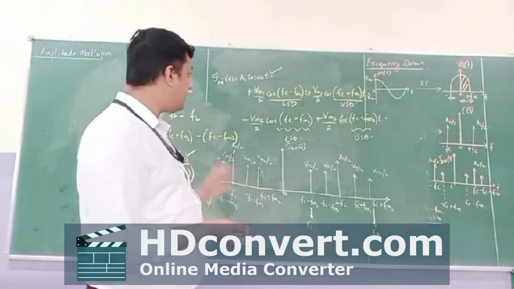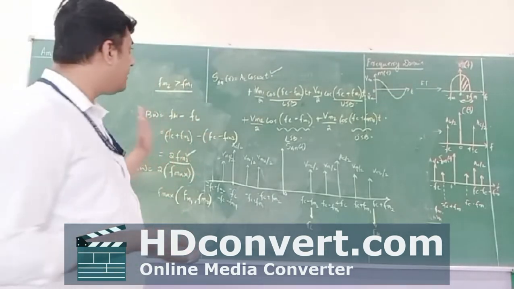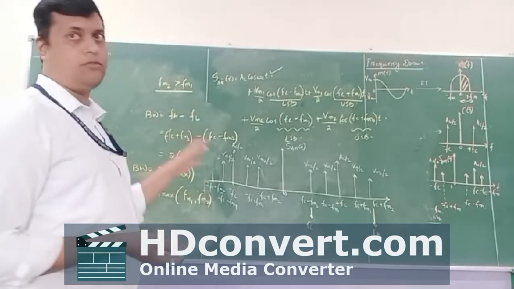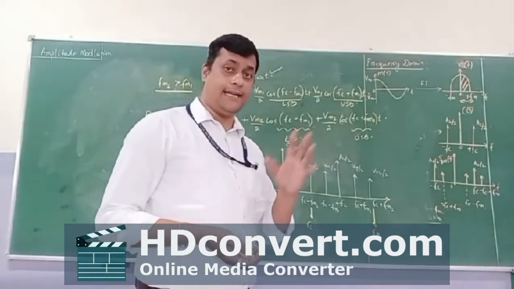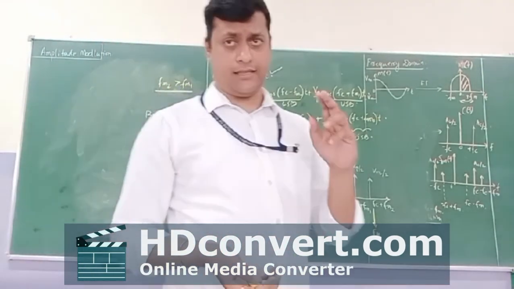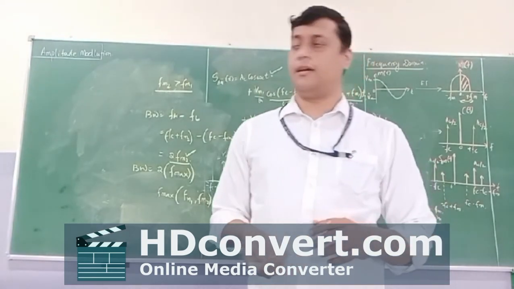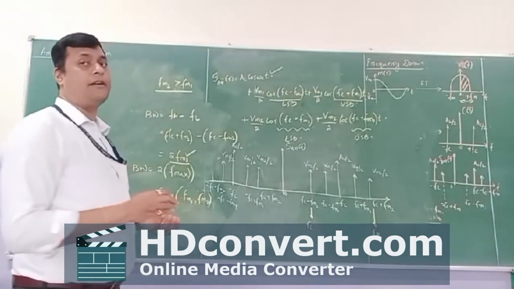So these are the fundamental representations of the single-tone modulating signal and the multi-tone modulating signal, as well as the modulation index with respect to single tone and with respect to multi-tone, and the bandwidths available in our AM signal.